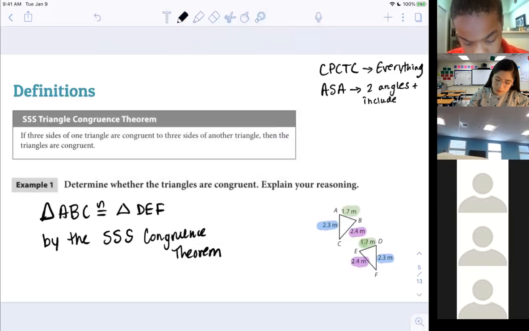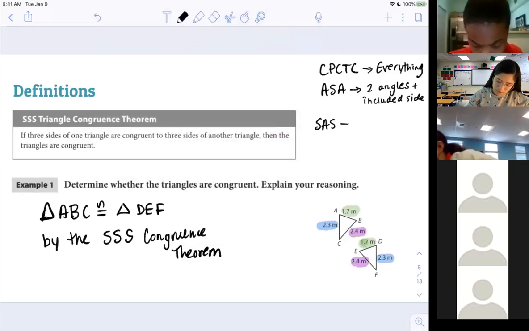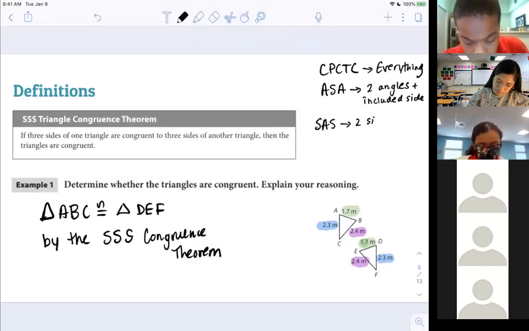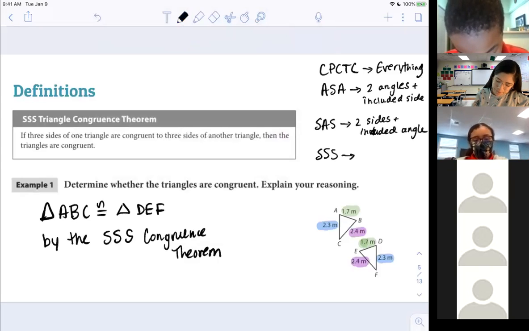Then you have SAS, 2 sides plus the included angle. And then you have SSS, which is all sides. Like I said, there are 2 more coming our way. But for this week, we're just going to focus on these 4.